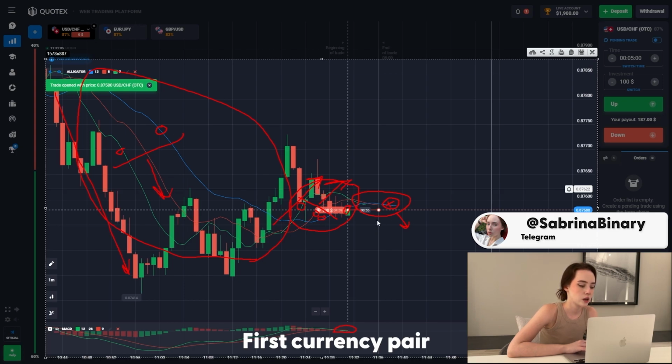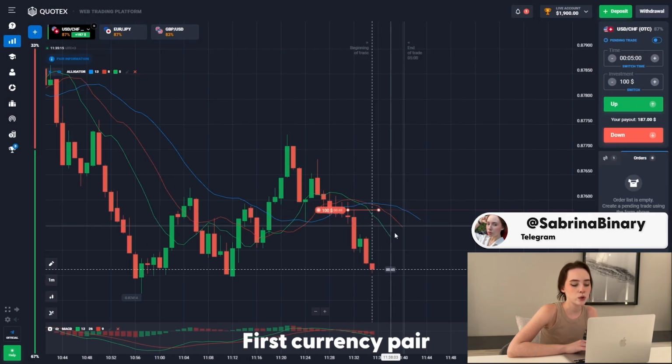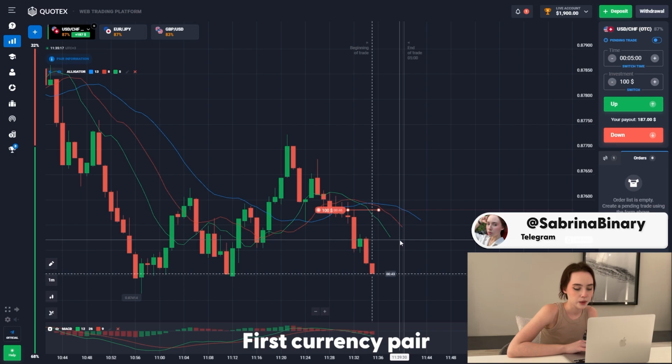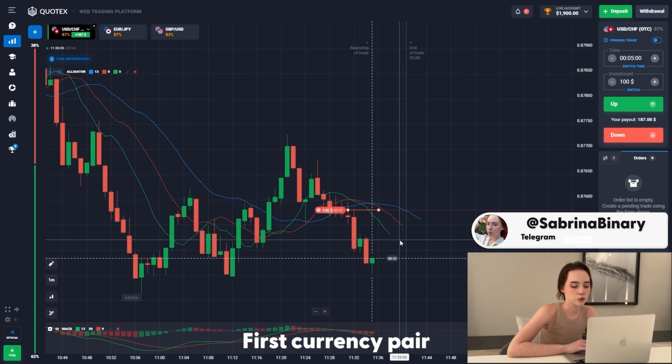At the same time, we can see what happens with the graph. The chart is also falling down at this time. When we observe that all the lines are intertwined at the same time, it's better not to open a deal because at such moments it's difficult to predict which way the chart will move.